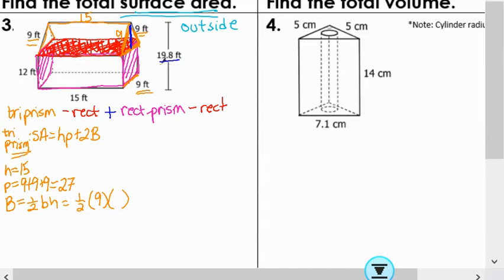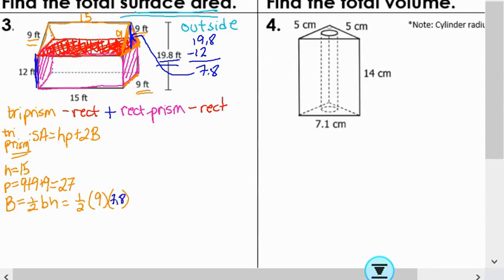Well, over here they told us that the height of the entire composite figure is 19.8, and here we see that the height of this part is 12. So if we do 19.8 minus 12, which is the height of the rectangular prism, that leaves 7.8 for the height of the triangle.